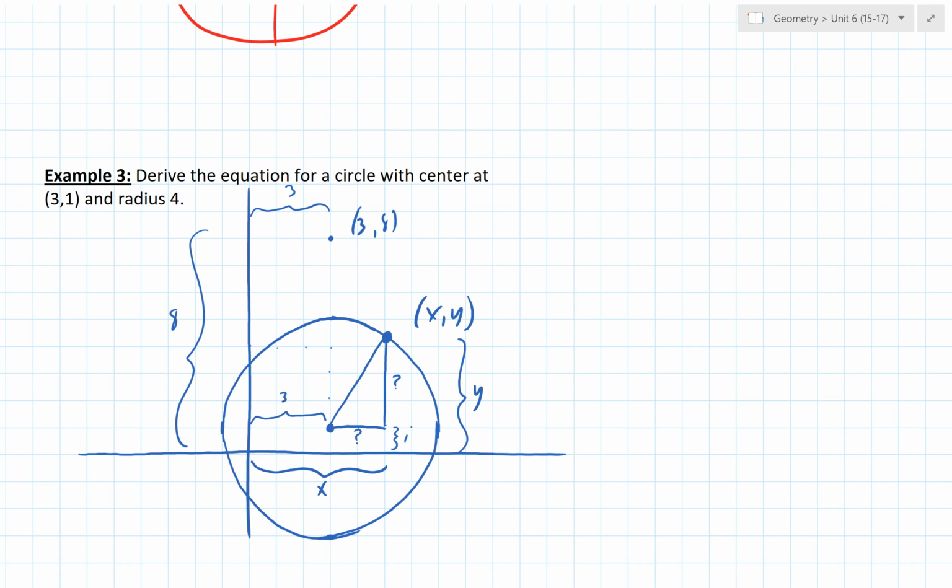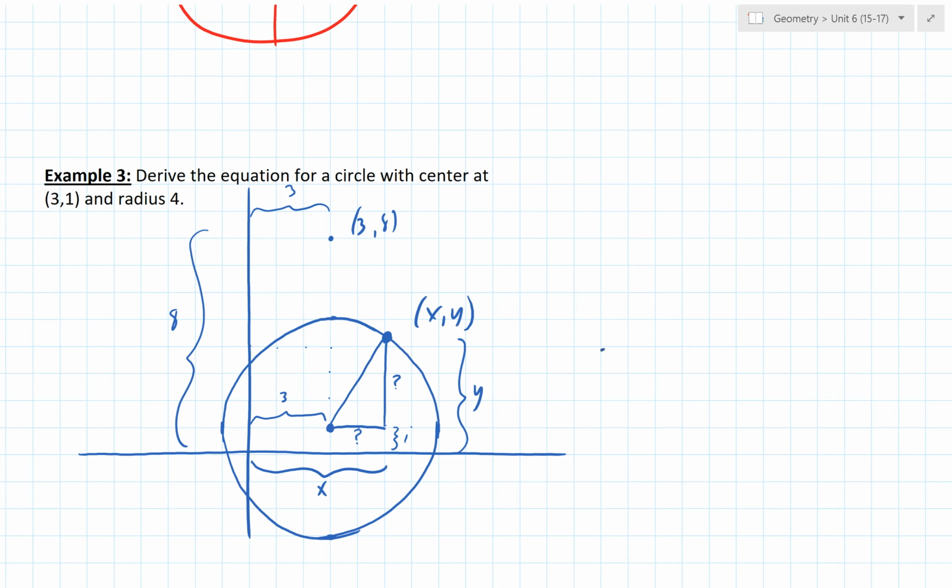So did anyone come up with an expression for this question mark for the horizontal segment? So take a look up here, watch. If this is x and this is 3, what's left? If this is x and we take off 3, what's left over? x take away 3. So think about it if it was numbers.